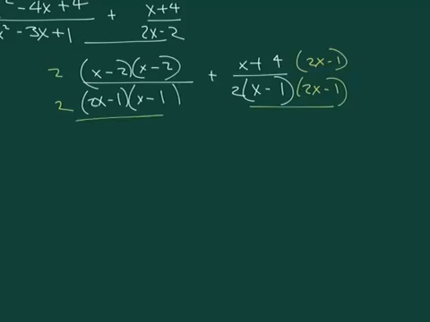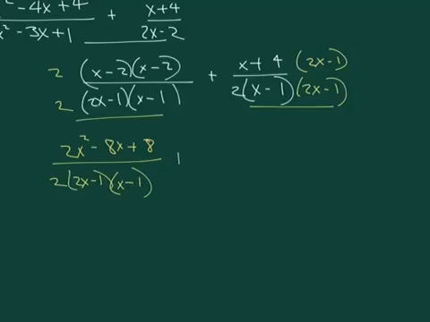So, what do I have on the top at this point? I've got a 2x squared minus 8x plus 8 on top. My bottom is the 2 times 2x minus 1 times x minus 1 plus, and I'm going to multiply these two, and I get 2x squared plus 7x minus 4 all over again.